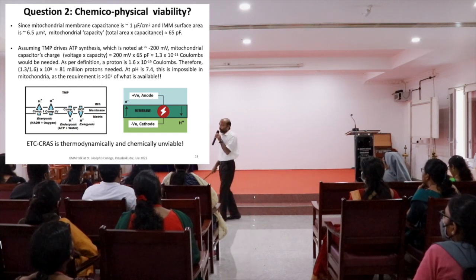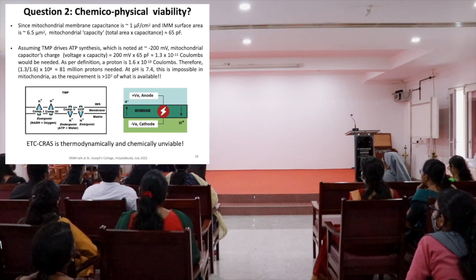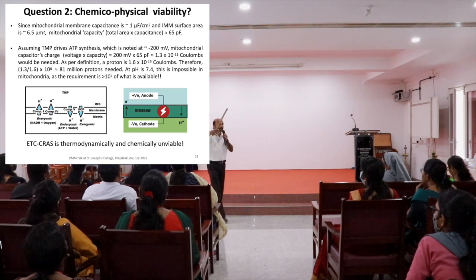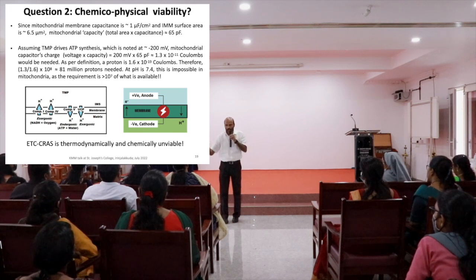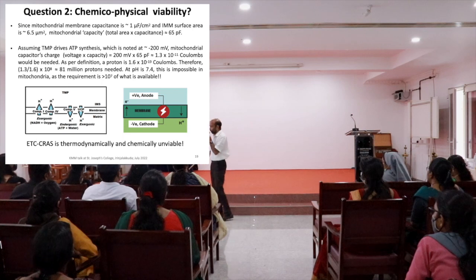Right? But then these proteins that you saw, they are in tens of thousands or lakhs. So can tens of thousands or lakhs of proteins be involved in pumping protons? The obvious answer is no.